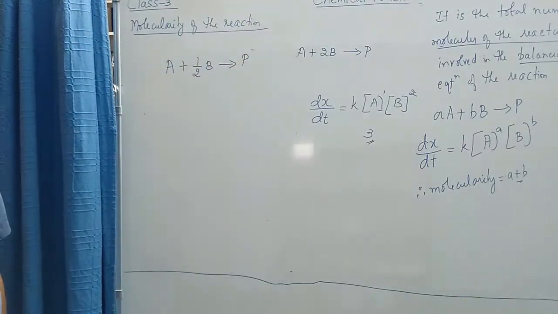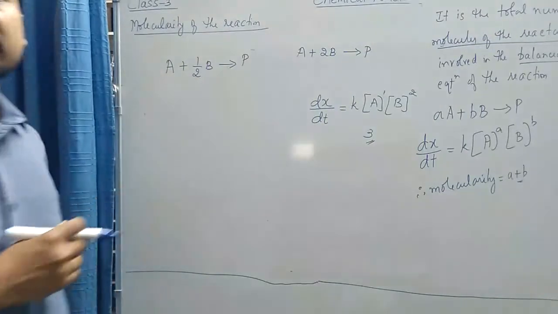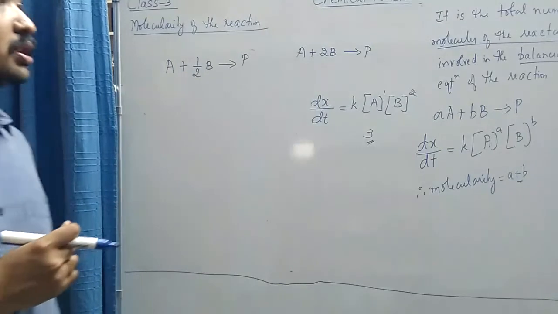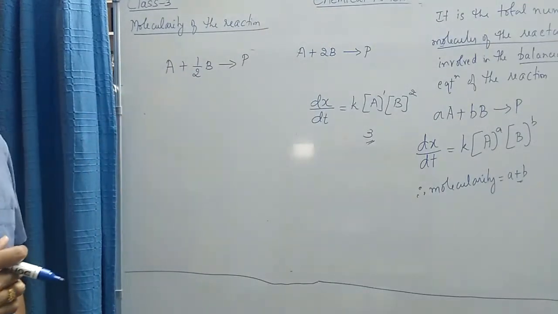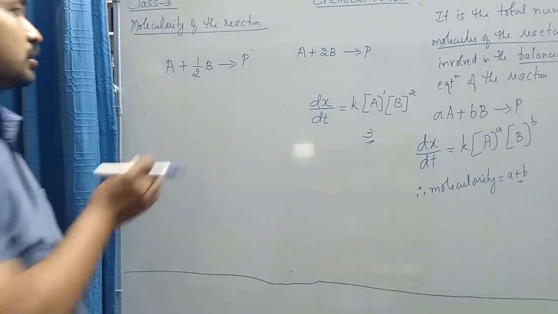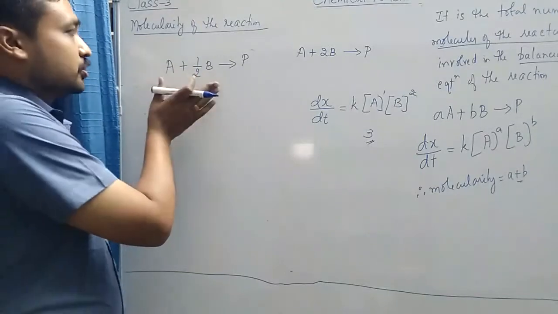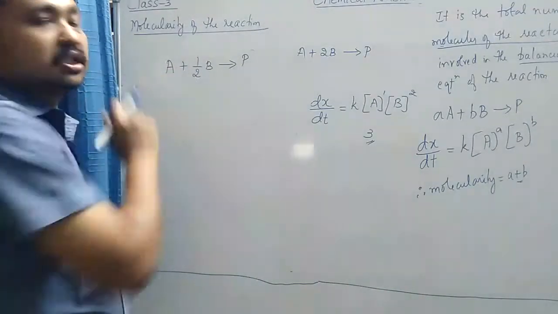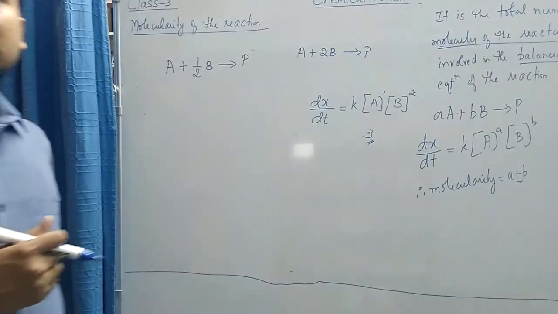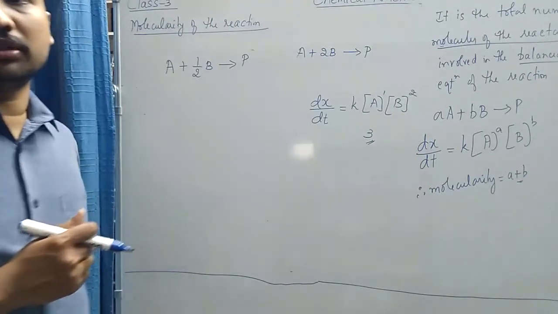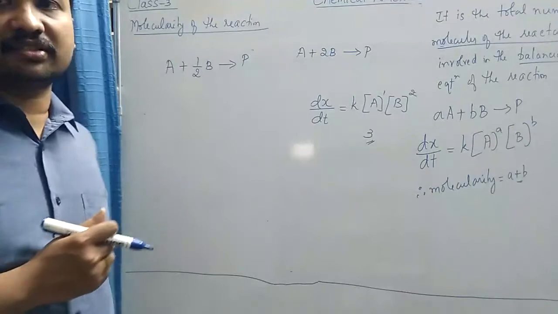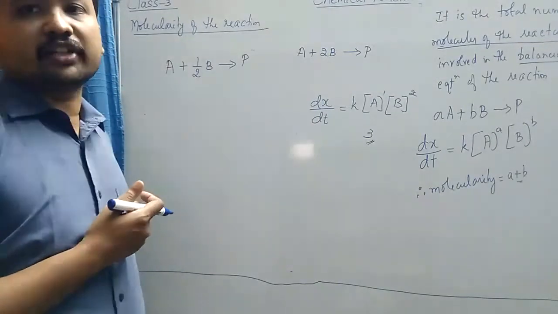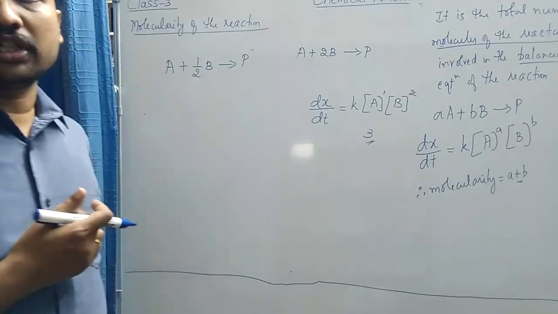While predicting the molecularity of such reactions, even though this reaction may be a balanced chemical equation, we will not calculate the molecularity by using this form of chemical equation. We will try to avoid these fractional numbers because half a molecule does not make any sense. We can have an integral number of molecules, one molecule or two molecules. We cannot have a fractional number of molecules.